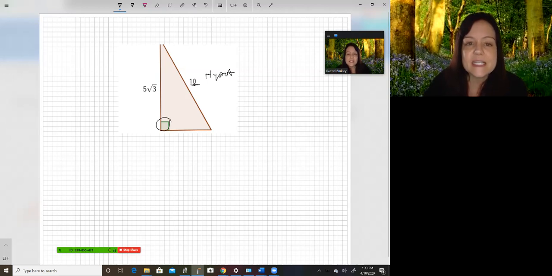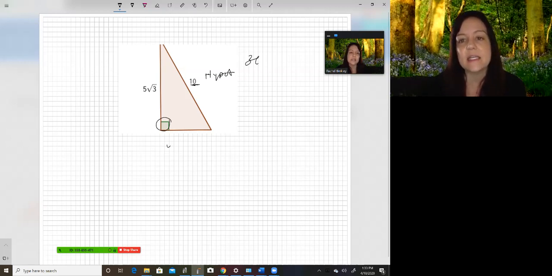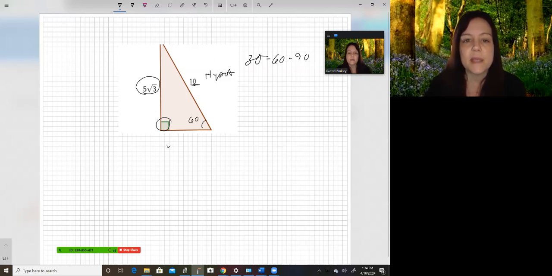So knowing the rules for a 30, 60, 90, I know that this is going to be 60, making this the middle length side.